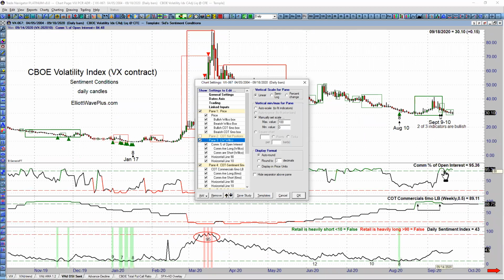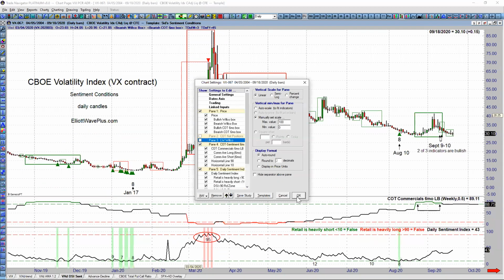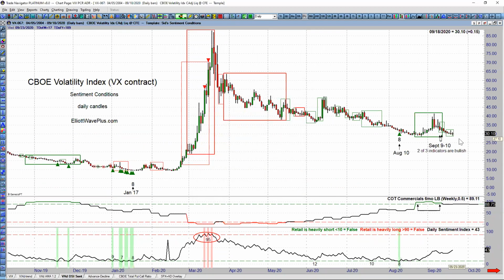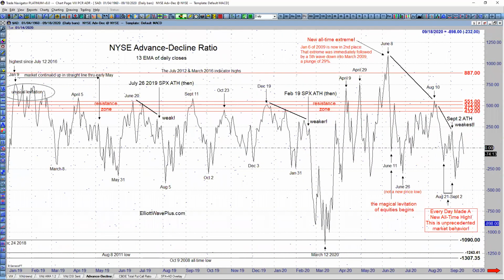Yeah. And when it's extremely long like this, you get the thin green boxes. So it looks like commercials are positioned for the VIX to move higher.